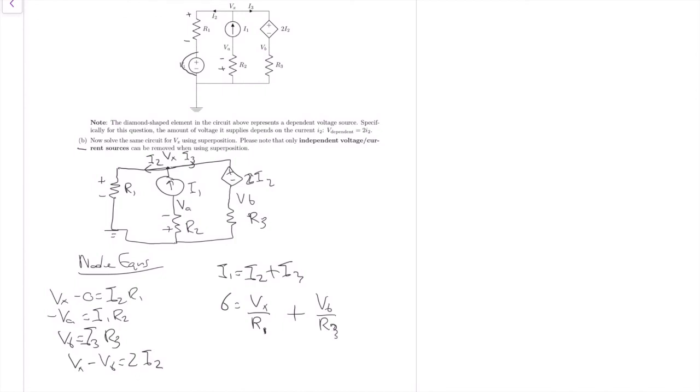But once again, same as last time, VB is equal to Vx minus 2I2, which equals Vx minus 2Vx over R1. So then we just have 6 equals Vx over R1 plus VB, which is Vx minus 2Vx over R1, all over R3.